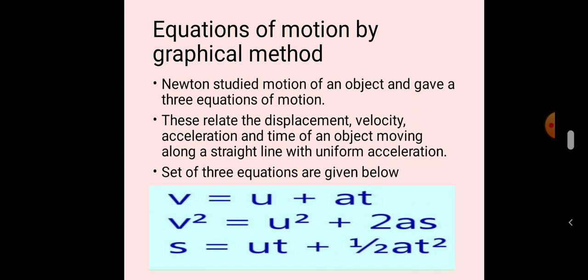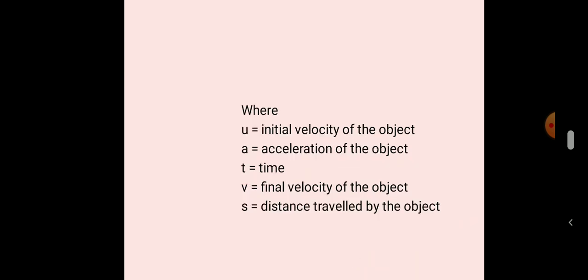Newton gave three equations: v is equal to u plus at, v square is equal to u square plus 2as, s is equal to ut plus 1 half at square, where u stands for the initial velocity of the object, a stands for the acceleration of the object, t stands for the time, v stands for the final velocity of the object, and s stands for the distance traveled by the object.